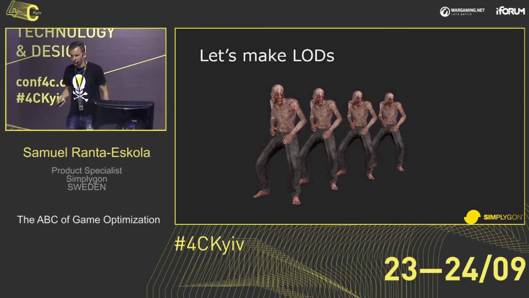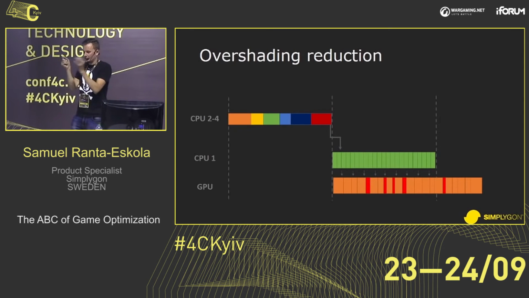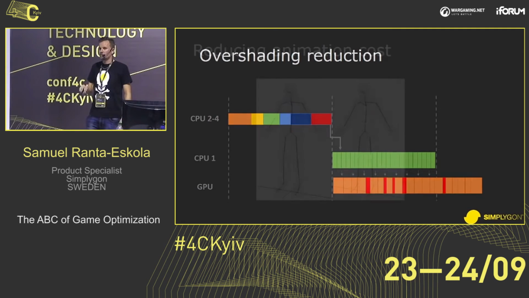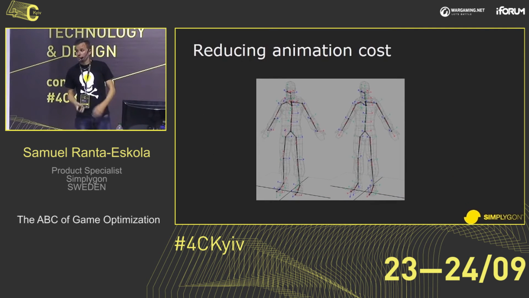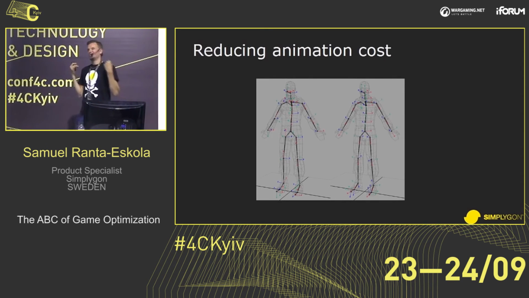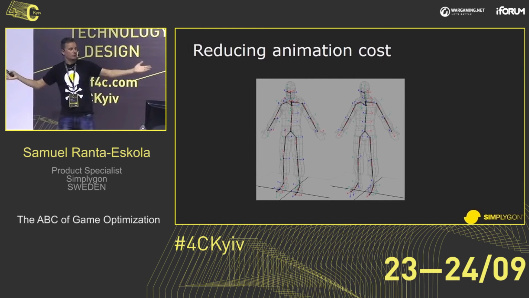So let's make some LODs. We do that. This will not cut away individual draw calls, it would just make them a little bit shorter. Our shading becomes cheaper. We can also reduce animation cost. When we make LODs, it's really stupid to calculate fingers, face, and stuff like that when you're far away.